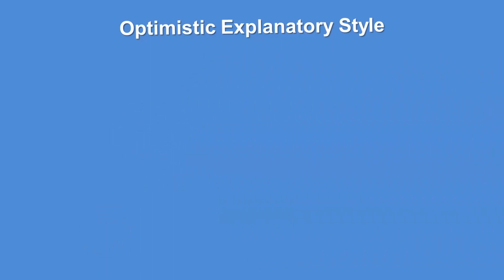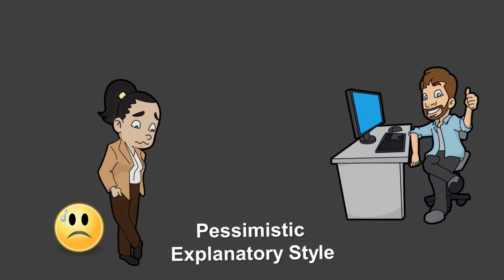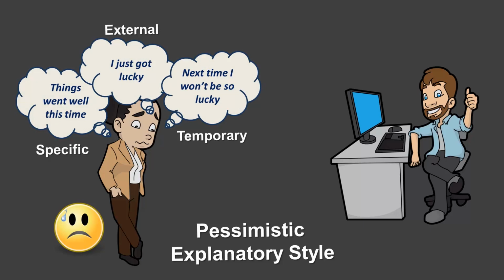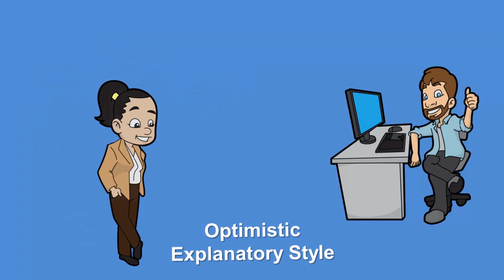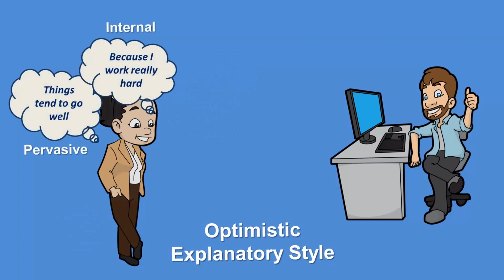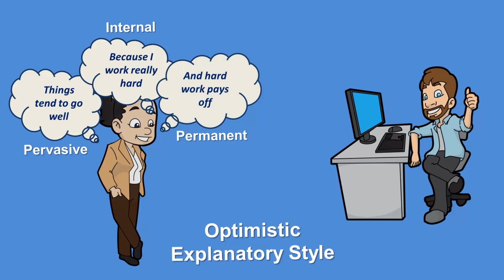And we'll experience similar benefits if we can change our pessimistic explanatory styles about good events that attribute them to specific, external, and unstable or temporary causes to more optimistic explanatory styles that attribute these good events to pervasive, internal, and permanent causes.